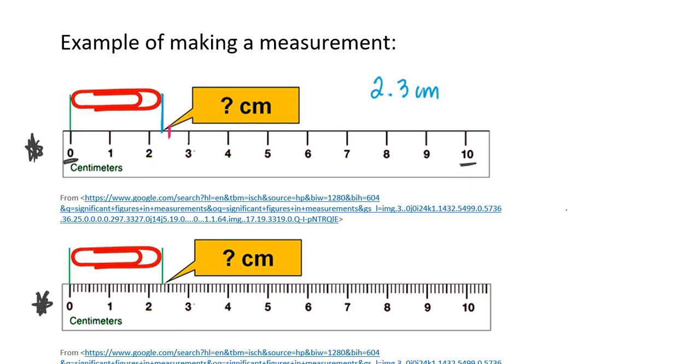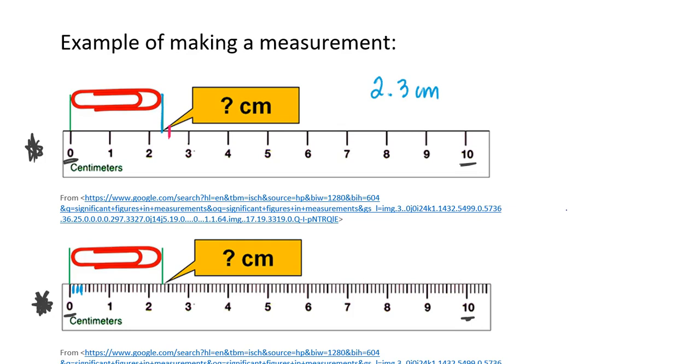Now, what about if I take a look down here? What if I try and repeat the measurement of that red paper clip, but now I'm going to use the second ruler? Well, once again, the ruler goes from roughly 0 to 10 centimeters, except this time I'm a little luckier because there are subdivisions between the whole numbers. And what that does is it allows my guess of the length of the paper clip to actually be a little bit more detailed.